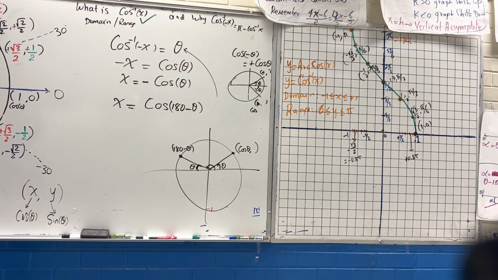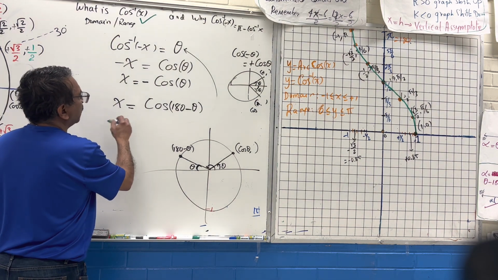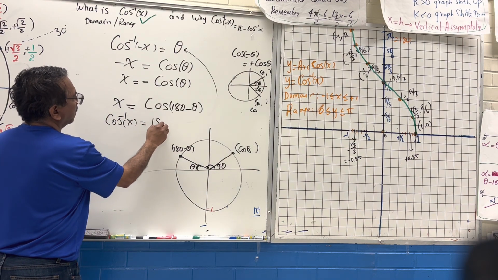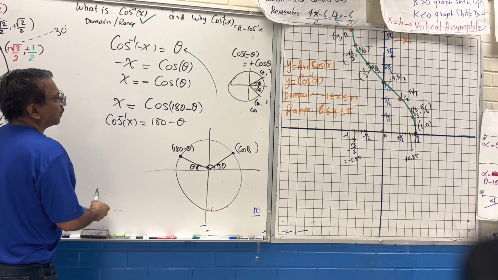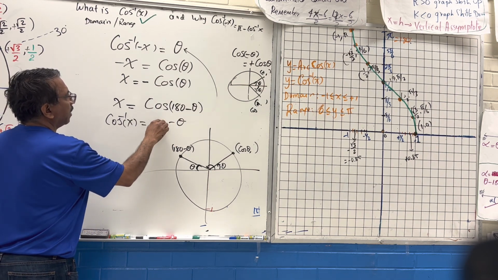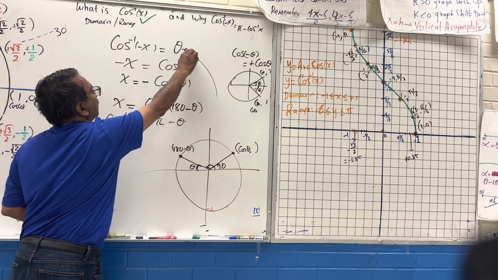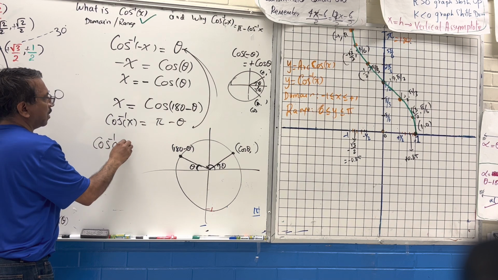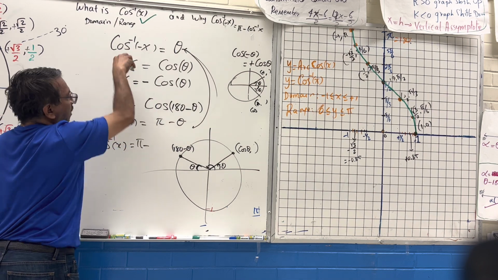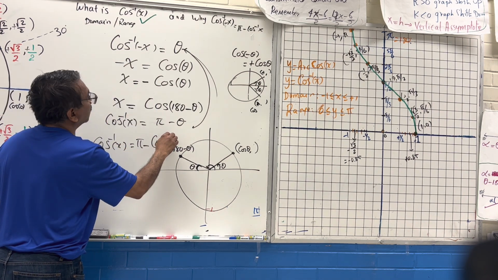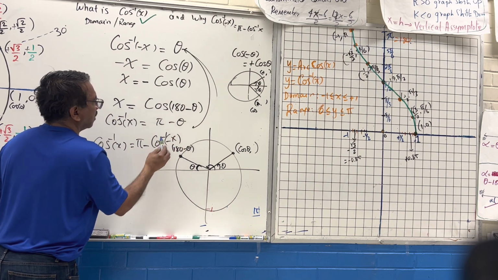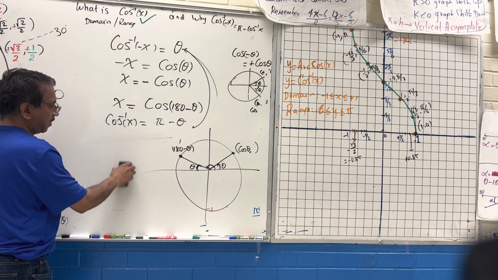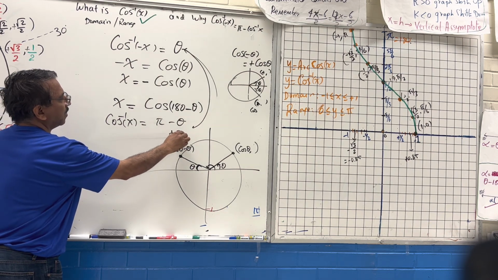So hope that helps. And then use our definition. You get cosine inverse of x equals 180 minus theta, and this is replaced by pi, and then you replace this theta right here. So cosine inverse of x equals pi minus cosine inverse of minus x. Let's add theta to both sides.